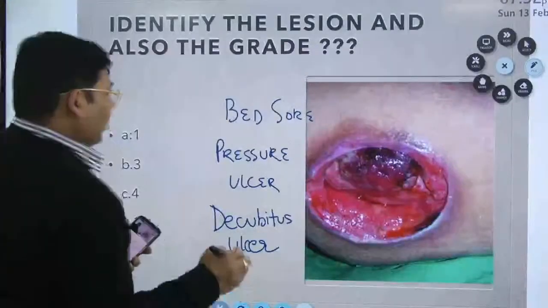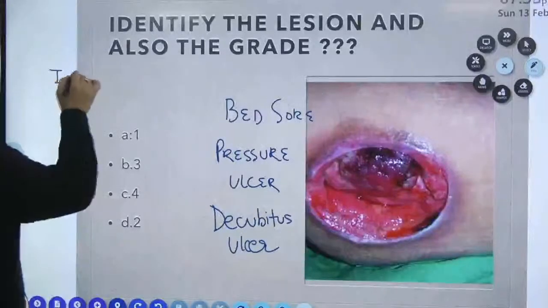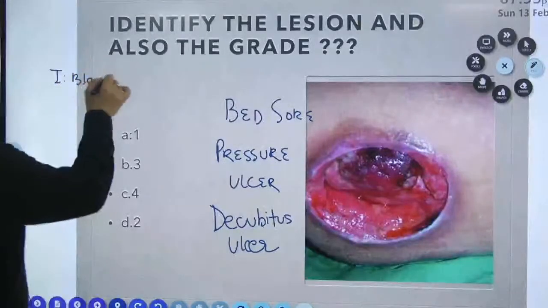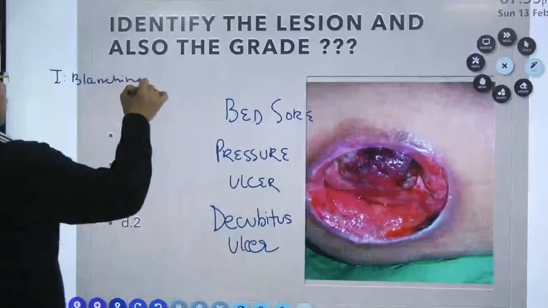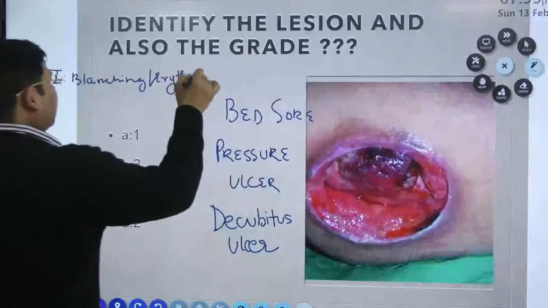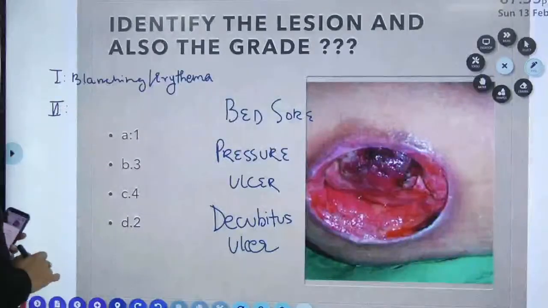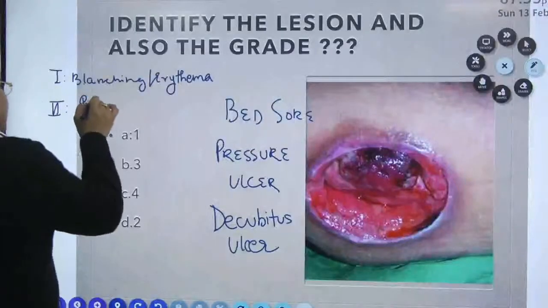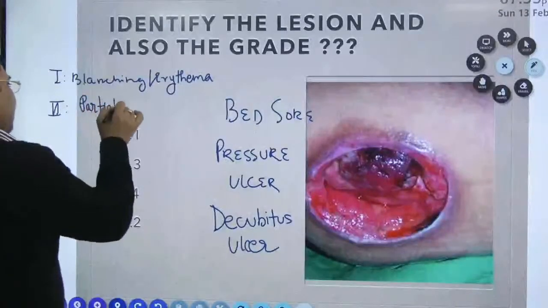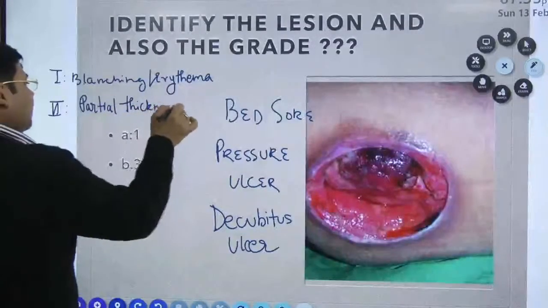So when you talk about grade 1, it is only blanching of the tissue. So blanching or erythema of the tissue is grade 1. What is grade 2, students? It is a partial thickness ulcer.